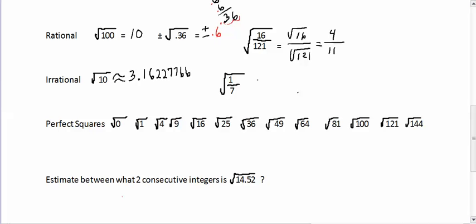Okay, this one here. Well, the square root of 1 is 1, but is there a perfect square of 7? And there's not, so this is going to be an approximate answer. Well, the square root of 1 is 1.